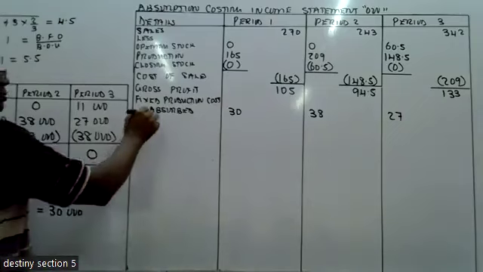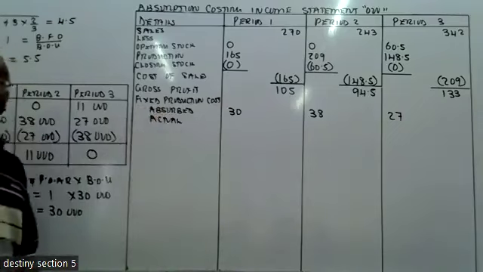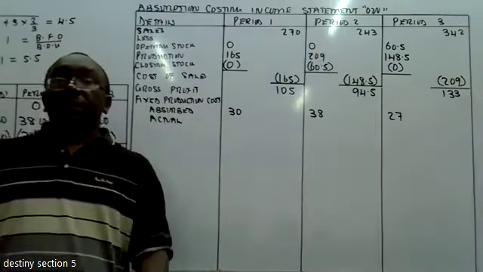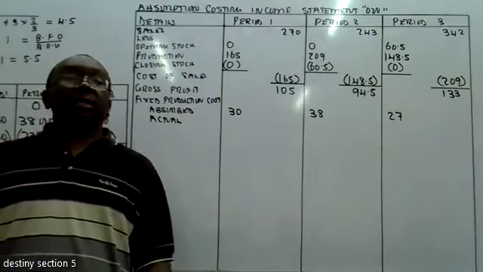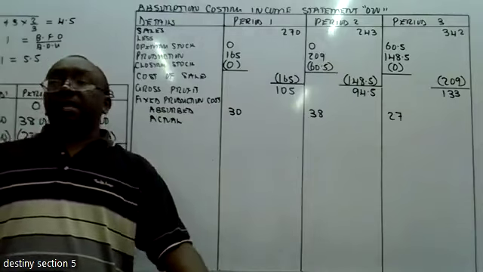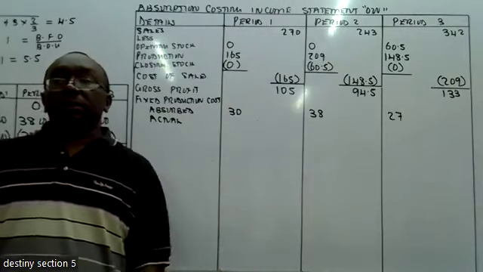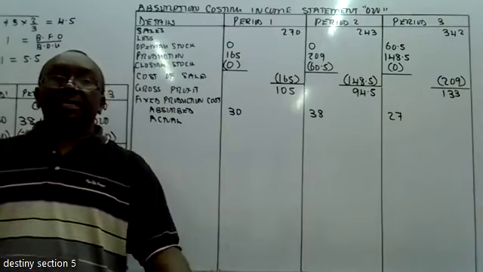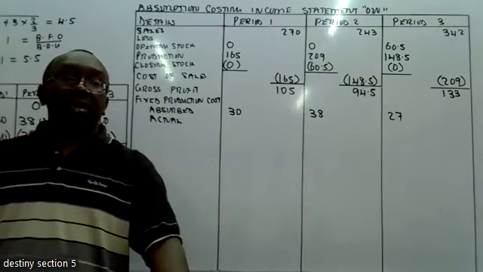You now bring something else called actual. There is always the plan and then the actual. The plan is what we call budget, and the actual is what you actually pay.